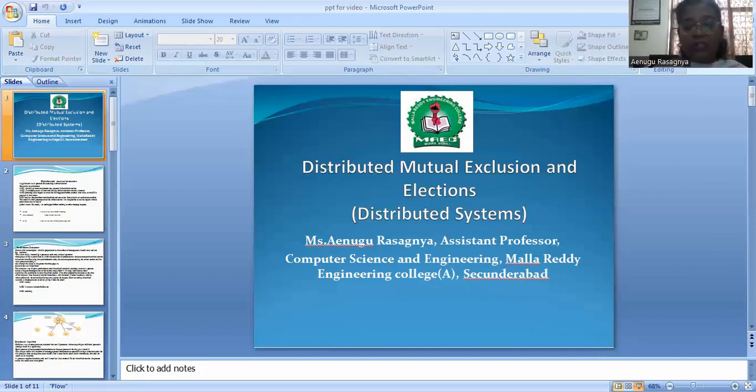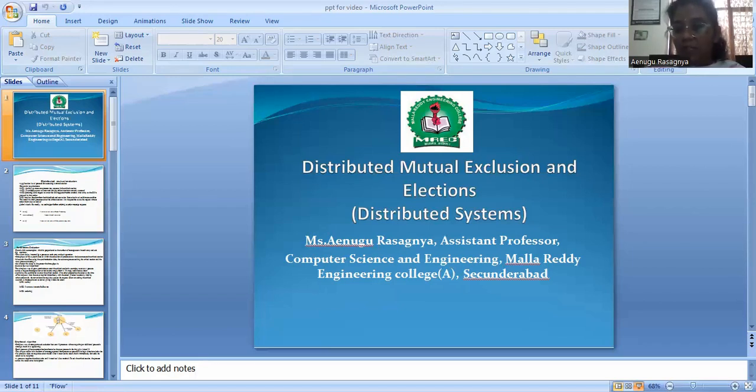So the code which is executed to enter the critical section, we call the enter section or entry section. And the critical section or resource access is the code to be protected from concurrent execution, as the topic is all about controlling the concurrency.